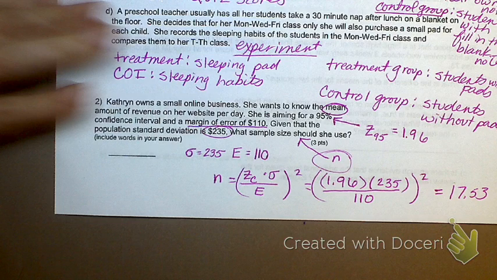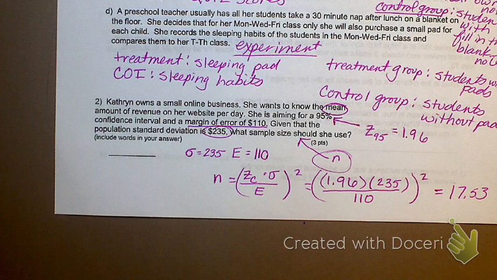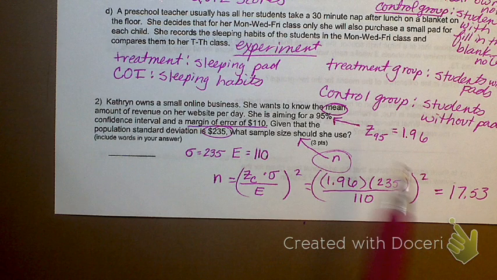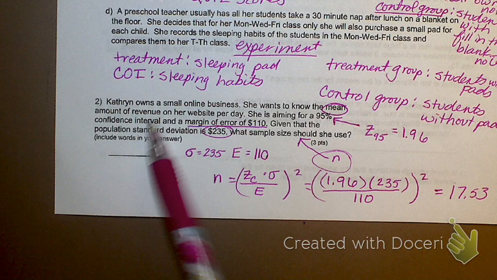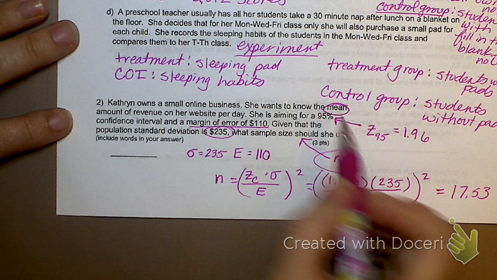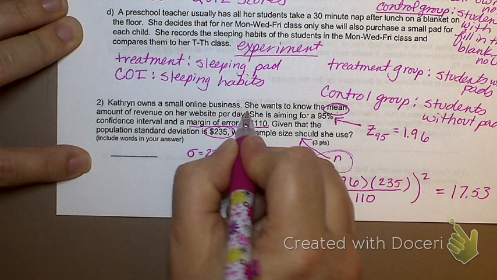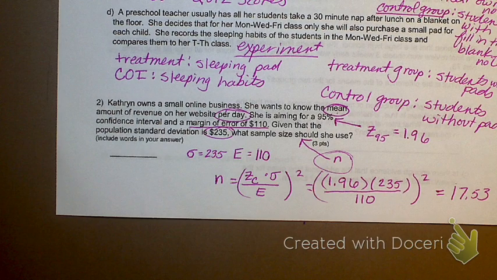Now let's talk about this for a minute. Sample size. Sample size is how many she's going to survey. So if she wants to know the average amount of revenue per day, this is telling her how many days she needs to survey in order to get the result she wants.